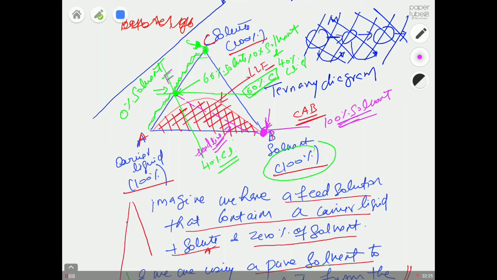So I hope you all can follow this one. Why are we drawing this line? We have some reason to do that. Just assume at any point here, any point here, any point here, we will have some mixture.